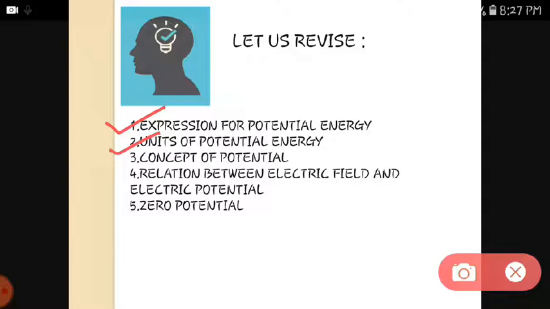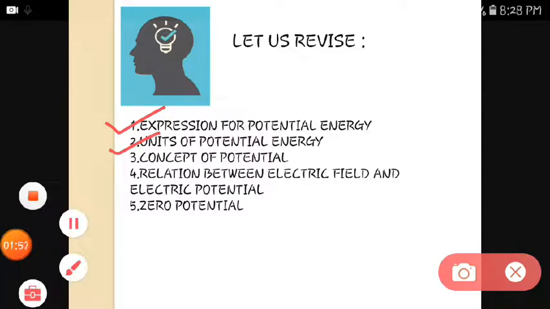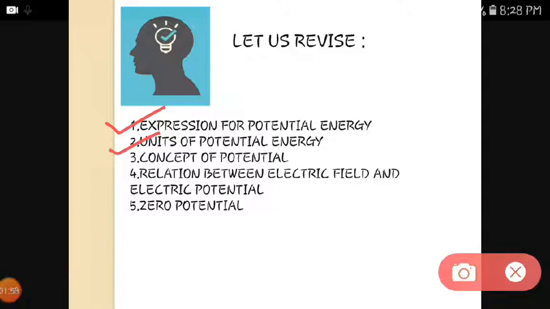We have seen the definition of 1 electron volt also, and the relationship between electron volt, millielectron volt, and kilo electron volt and the joule. I am considering that you have all cleared the doubt about potential energy and its units.